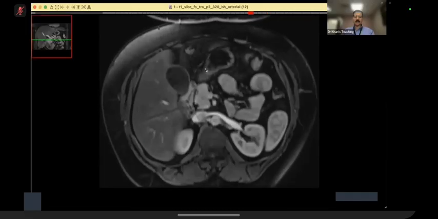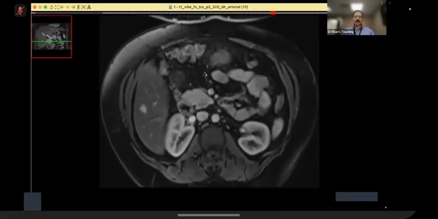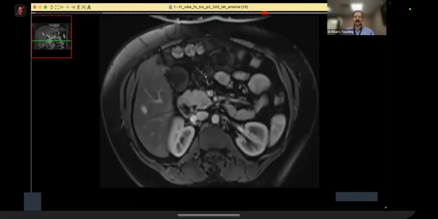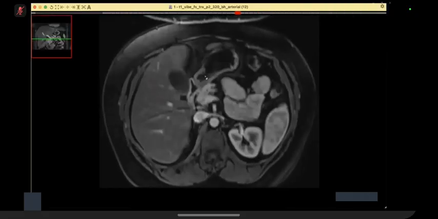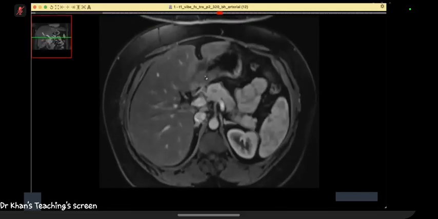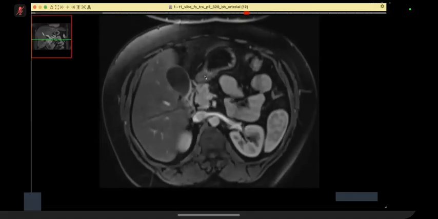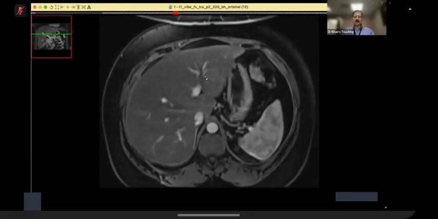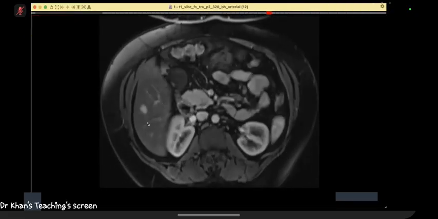Because of the time factor, I'll talk you through it. Now, which phase is this? Can you tell me? This is a T1 portovenous phase, post contrast T1, and fat saturated.